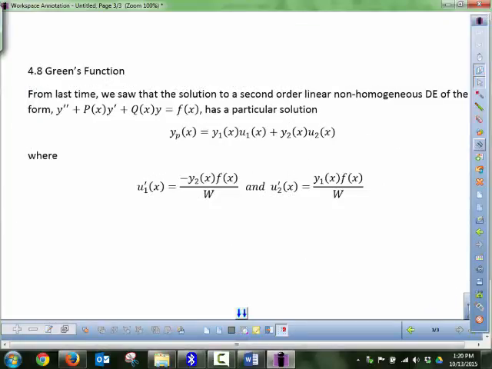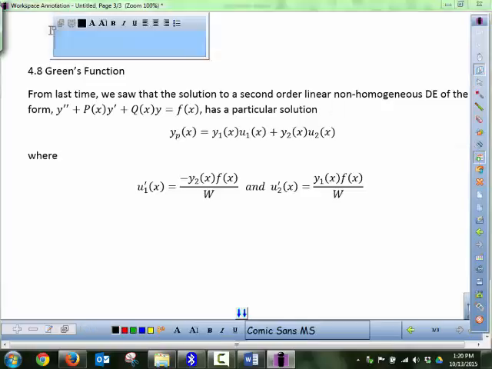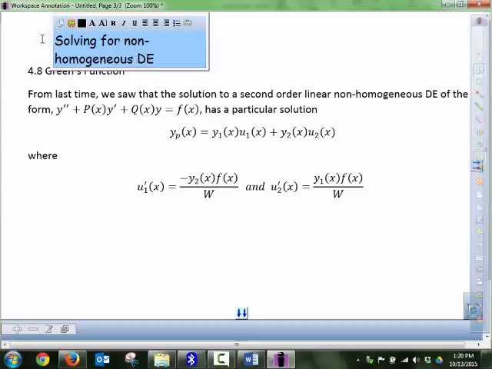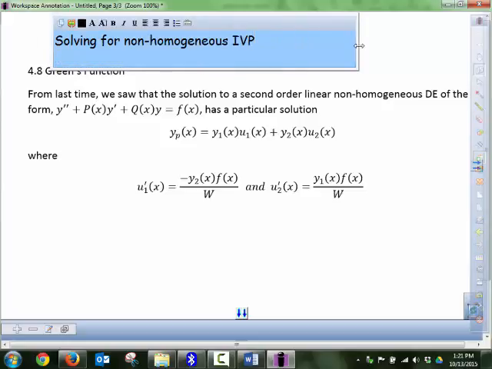So I want to put a header up here before we go on. So this is solving for non-homogeneous differential equations, or non-homogeneous, let's just say IVP, initial value problem. So that's a differential equation coupled up with your initial conditions.